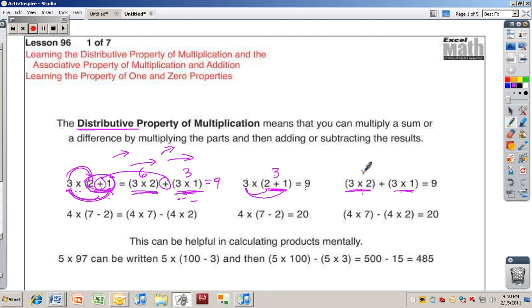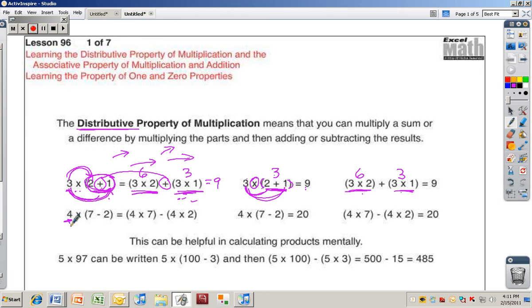And then this is equal to 6, and that's equal to 3. 6 plus 3 equals 9. So the distributive property, once again, shows you that when you take this number that's being multiplied by something in parentheses, you can distribute it to each number. It's only going to be done with multiplication, not with addition or subtraction or something like that. Only with multiplication. Let's take a look at another example.